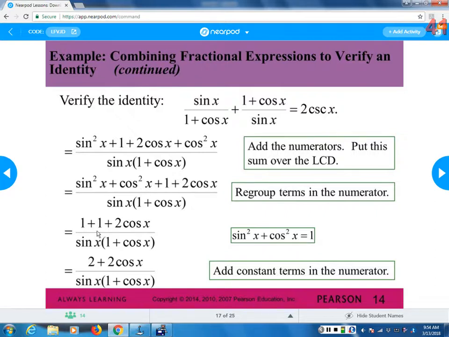Add the 1 plus the 1 is 2. But you can't add the 2 plus the 2 here because the 2 is multiplied by cosine. Don't write that as 4 cosine x. You really need to know your rules of algebra. You have to have like terms to add, so this is not 4 cosine x. And then you factor the 2 out.